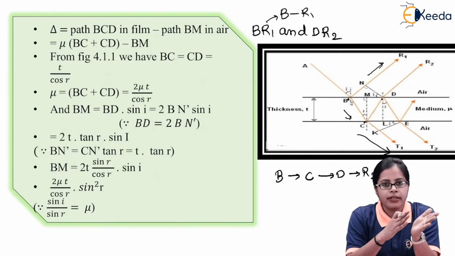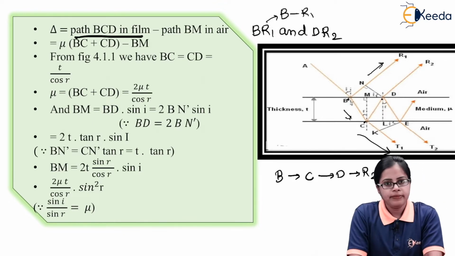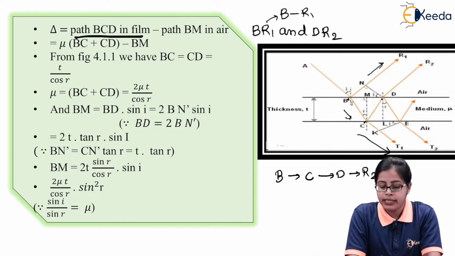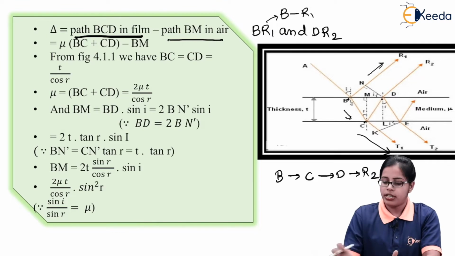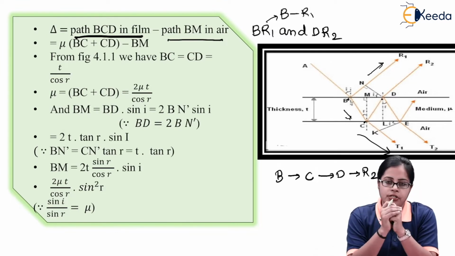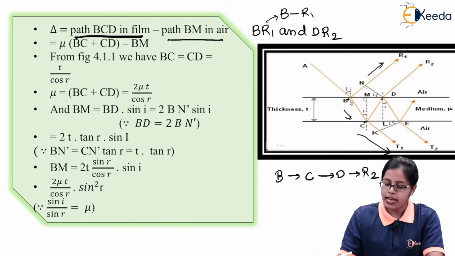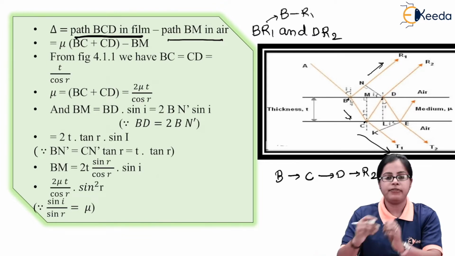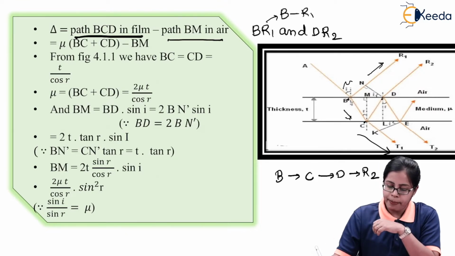So to get the path difference, we have to calculate the path BCD in the film, which is the longer path, minus the path BM in the air, which is the smaller path. First we drop a perpendicular from D to point M, and the extra path traveled by the ray of light will be the BM path.